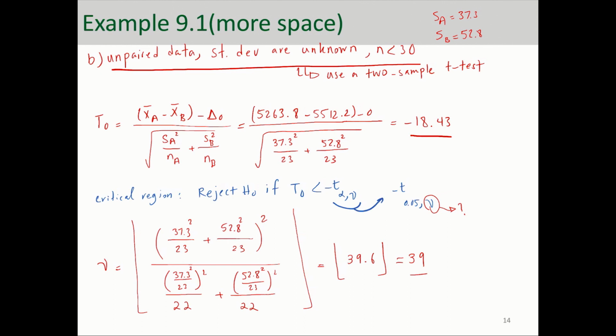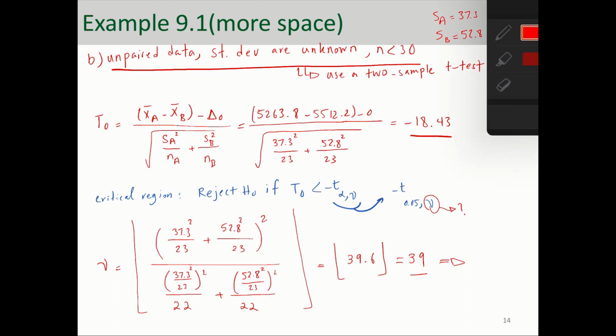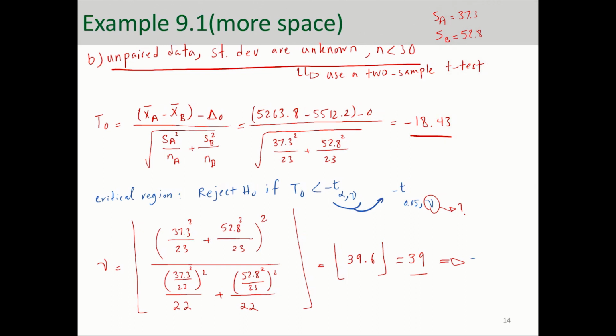So the degrees of freedom is 39, and therefore we need to find this critical value, negative t of 0.05 and 39. This value should be read from the t-table. So I'm going to go to the t-table and see what this value is.